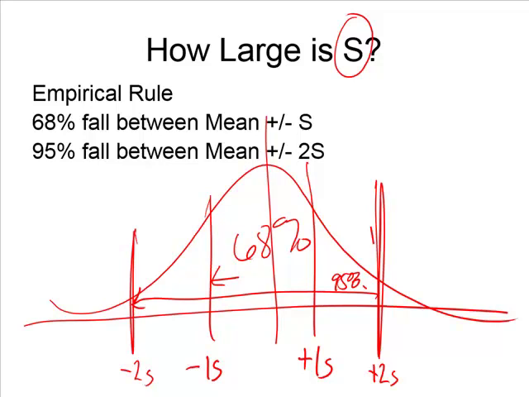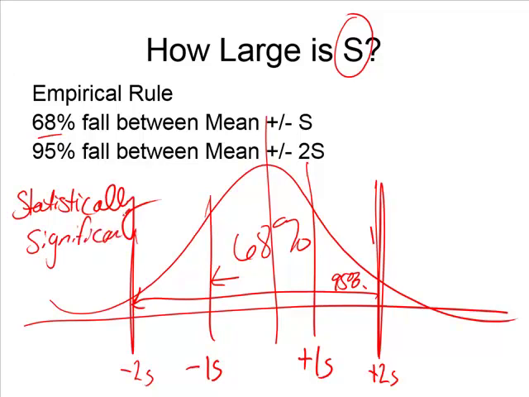And 95%. That's a number we love in the social sciences. 95% is like magic time. We love this concept of 95%. And we default to this term, statistically significant.